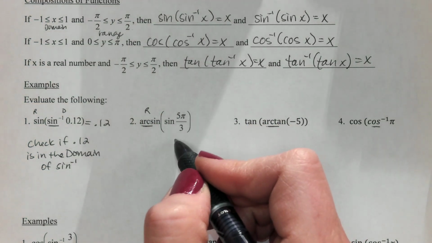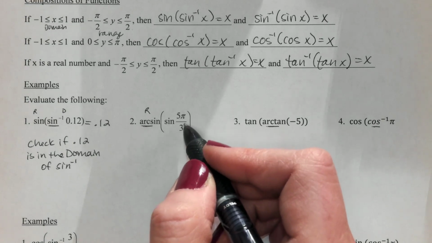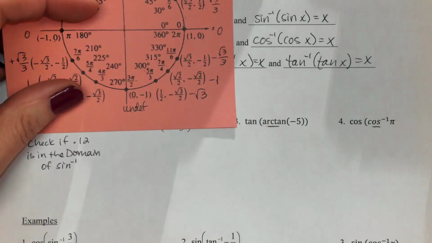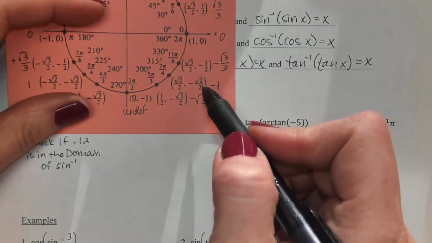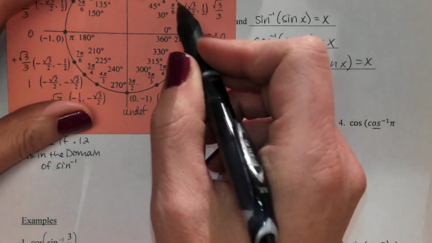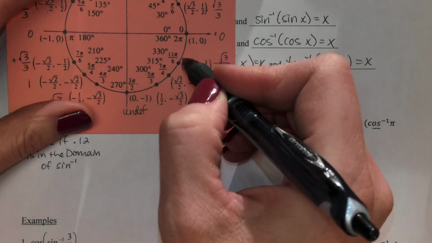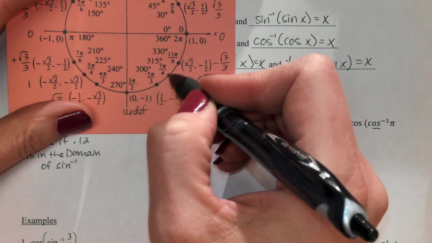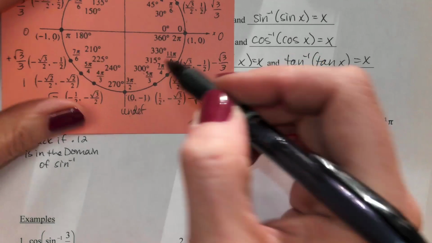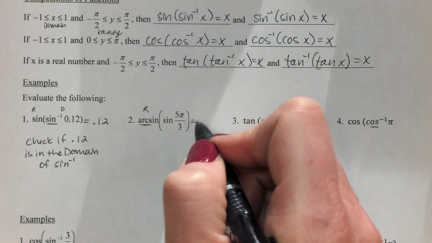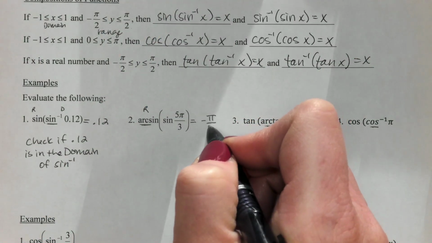So at first glance, it looks like this is not going to work. That is too big of an angle. But remember, anything in quadrant 4 we want to rename negatively. So instead of going all the way around to 5 pi over 3 or 300 degrees, we just travel this way and shorten it up and say this is the same as -60 degrees, or -pi over 3. So my answer would be -pi over 3.